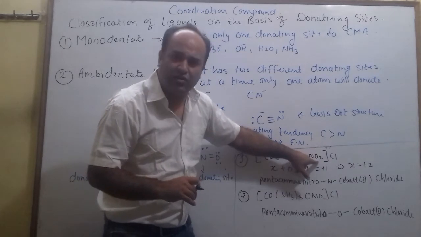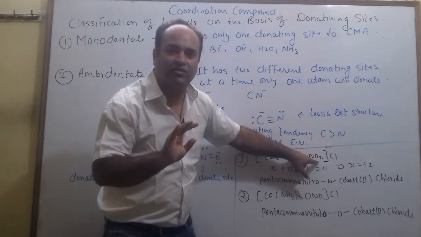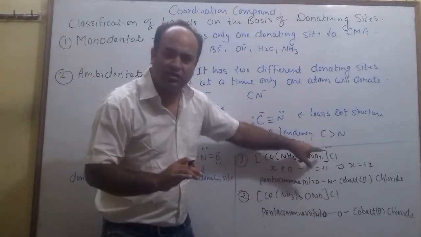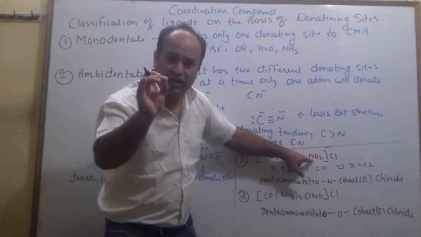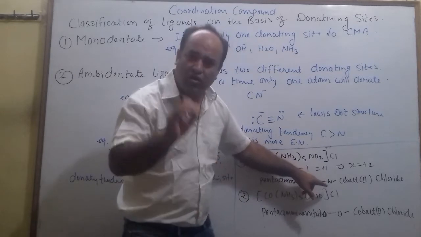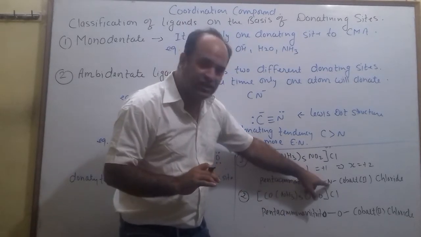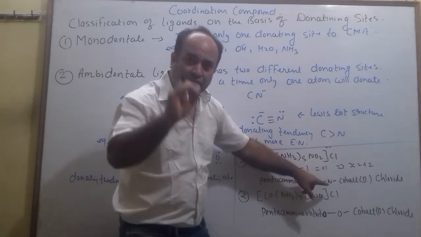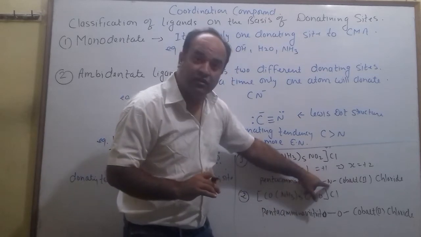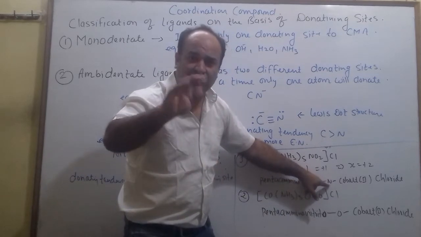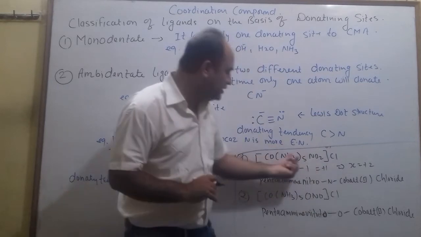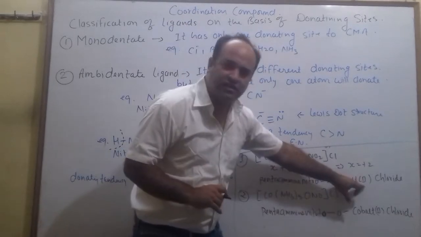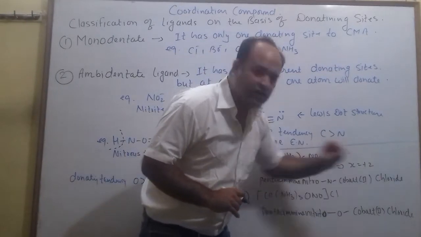Because in this case, in NO2, nitrogen is donating electrons. So mention whether nitrogen or oxygen is donating the electrons. In the case of NO2, nitrogen always donates the electrons. So mention the name nitro, and between nitrogen and oxygen, nitrogen is donating the electrons, so write N. Cobalt, and the oxidation state of cobalt is two, and chloride.